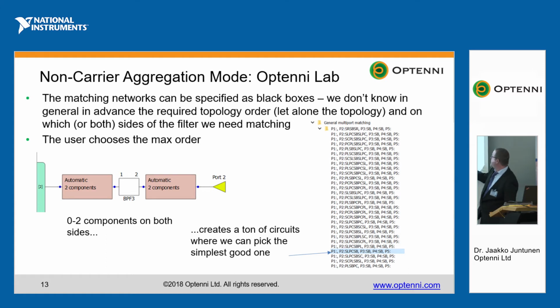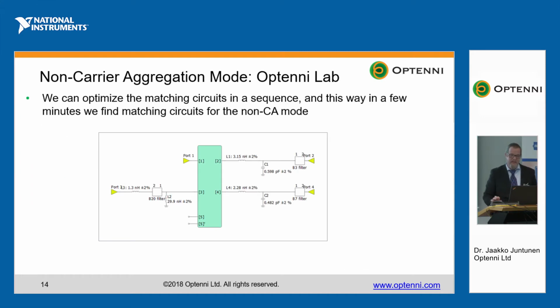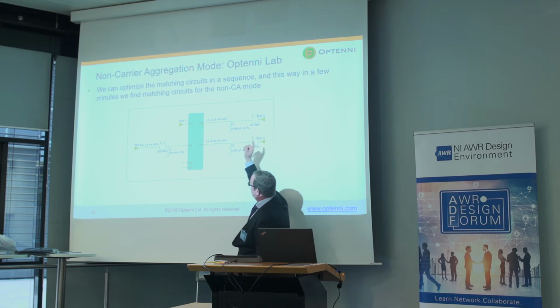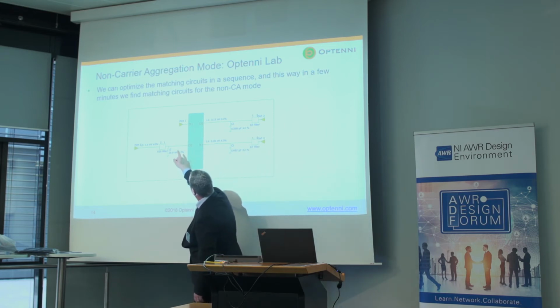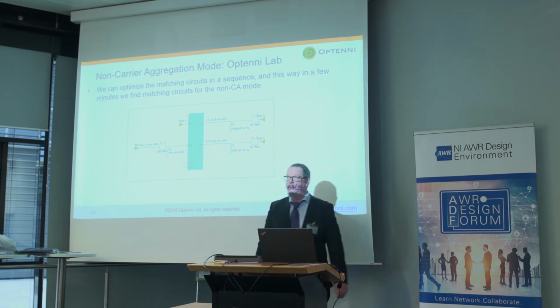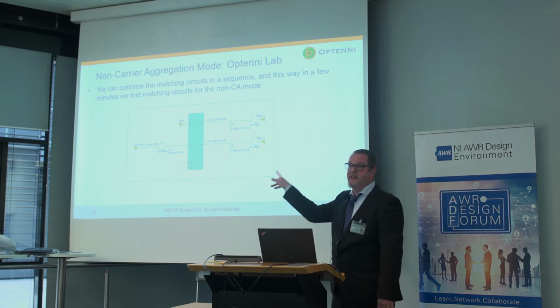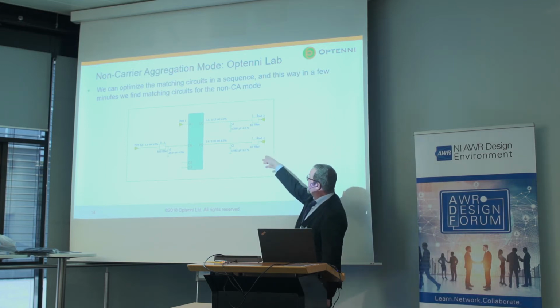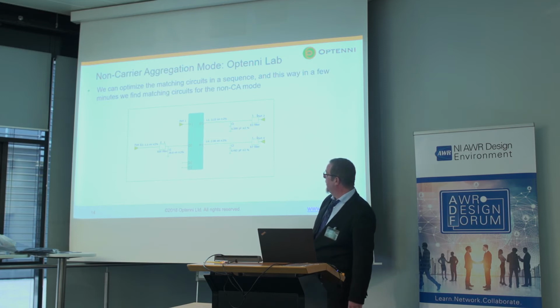We can quickly pinpoint a particularly simple one, where we have the matching section for band 3 on just one side of the filter. For band 20, it turns out it's advantageous to have a simple circuit like this. And for band 7, a similar topology to band 3.